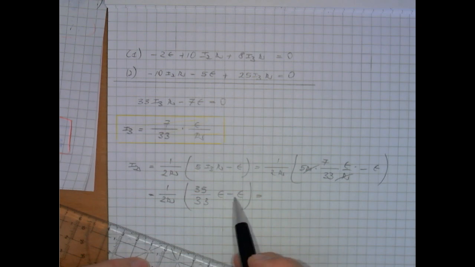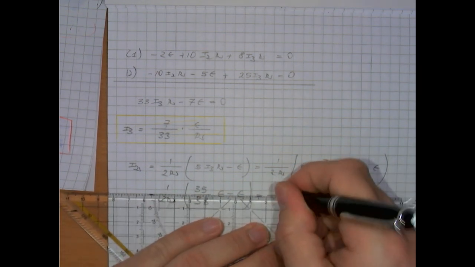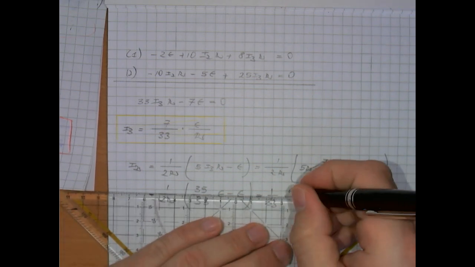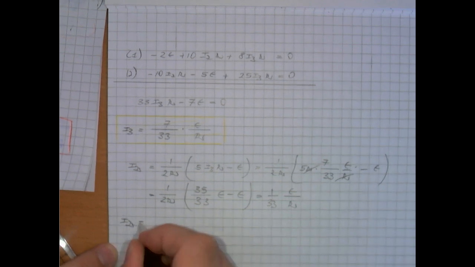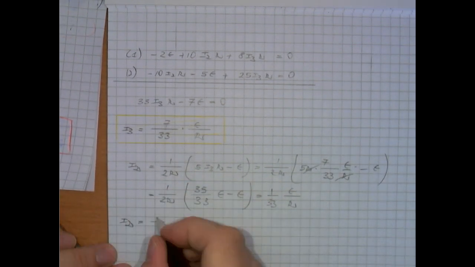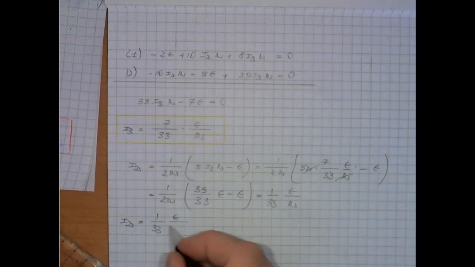The common denominator is 33, so then you have 35 minus 33 is 2, so 2 over 33 epsilon, and this 2 goes against this 2, so therefore you have 1 over 33 epsilon over r. So let me rewrite this. I2 is therefore 1 over 33 epsilon over r.